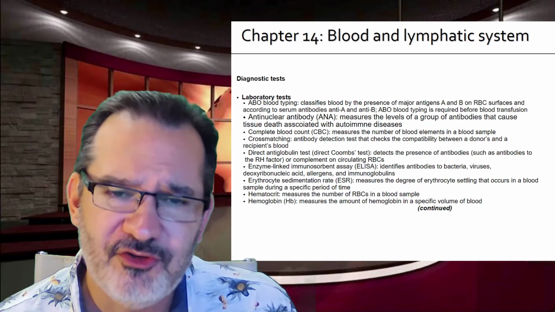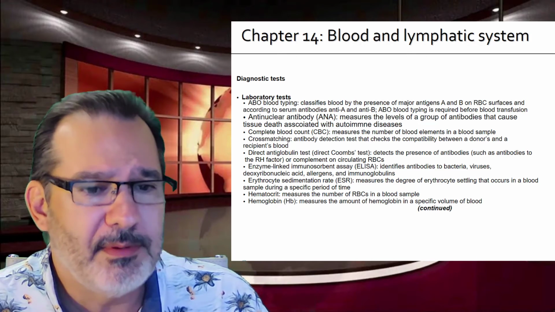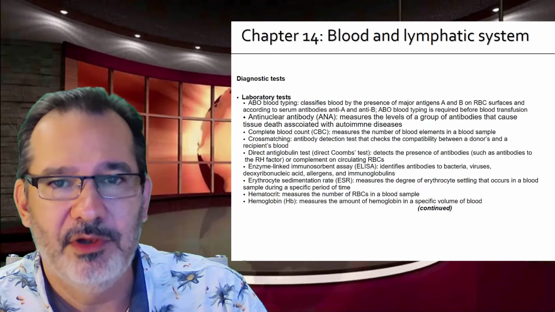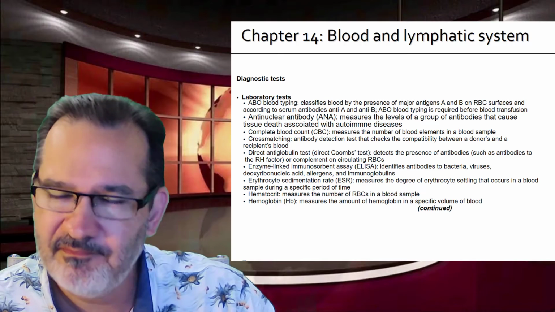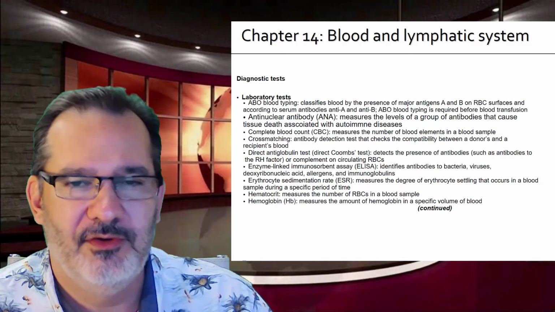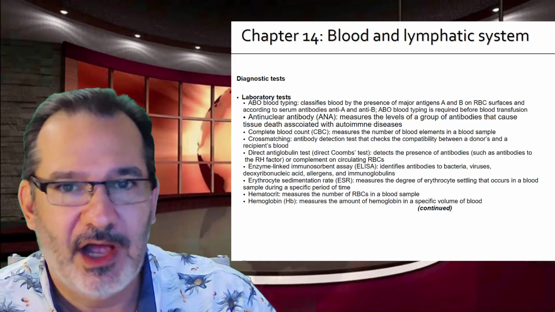Different blood tests that we do regarding blood. Probably the number one is going to be the complete blood count, the CBC. We draw that probably more than any other test that we would do anywhere, honestly.